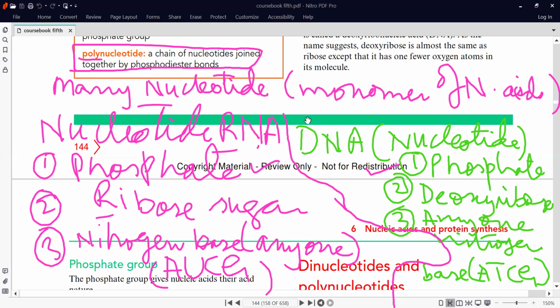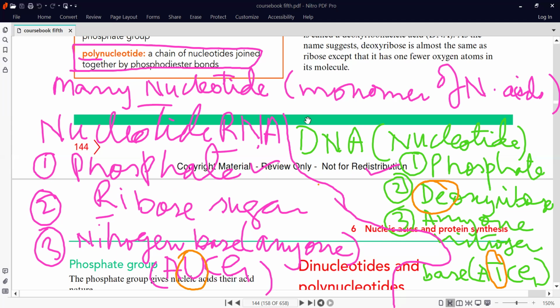I will repeat. When I talk about the specific nucleotide of DNA or RNA, the first difference is ribose and deoxyribose, number one. And the second difference in their nucleotide is that here in RNA there is uracil, and in DNA, thymine is present in place of uracil.